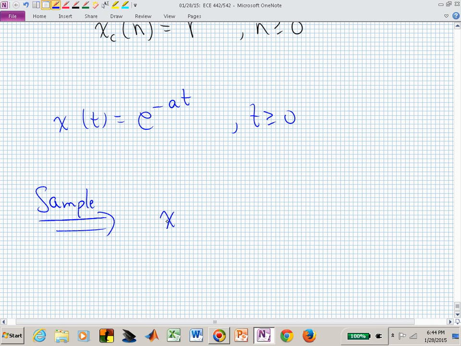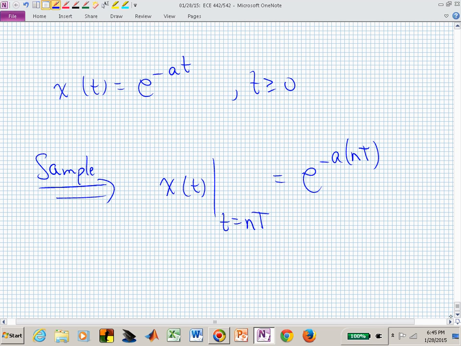We now have x of t with t replaced with little n capital T, so that this is now e to the minus a nT.